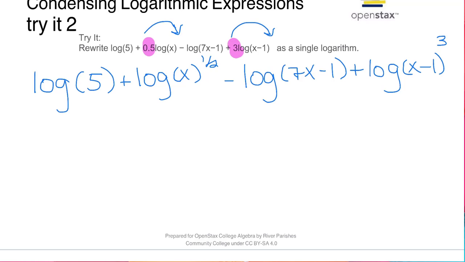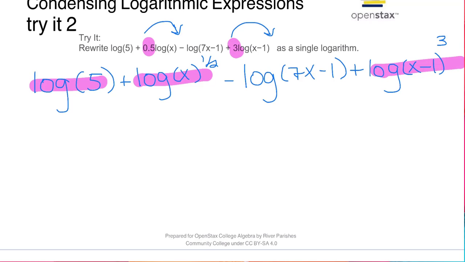So I've moved the exponents up. And let's look at the things that I am adding: log 5, log x to the 1/2, and log x minus 1 to the 3rd.